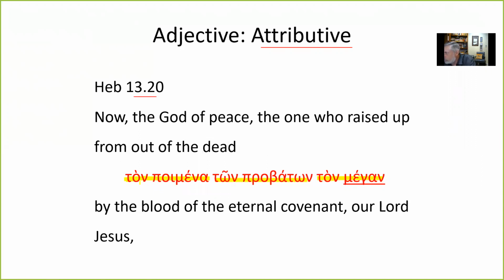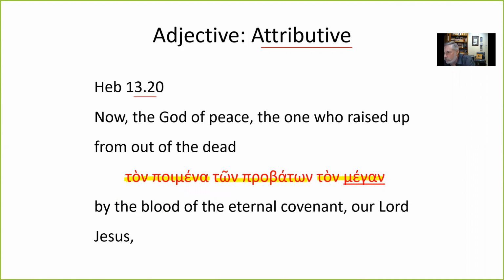And so the author uses the adjective great, megos, here in the accusative form, ton megon. And it is usually something extraordinary. So we have the great shepherd of sheep. And it's used to qualify the shepherd. You know, during the time of David, shepherd was a wonderful vocation. Not so much during the time of our Lord.